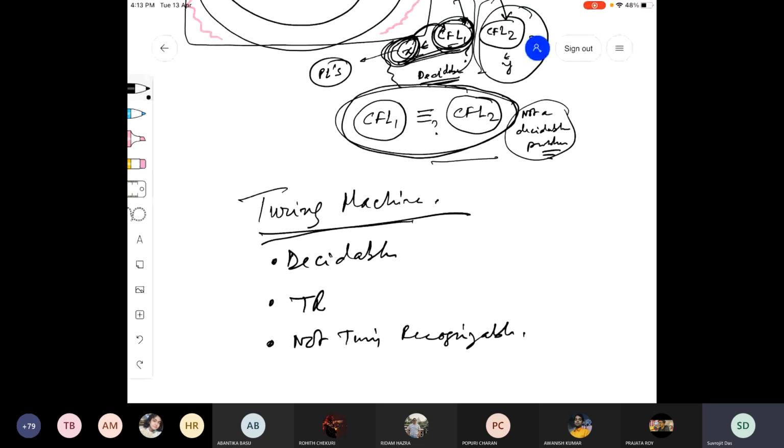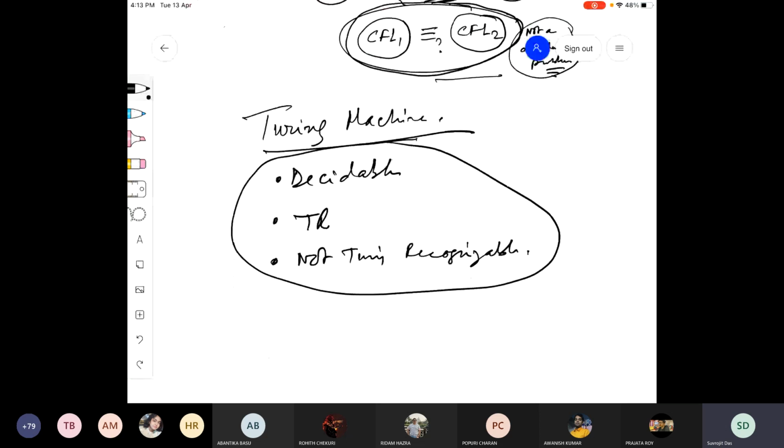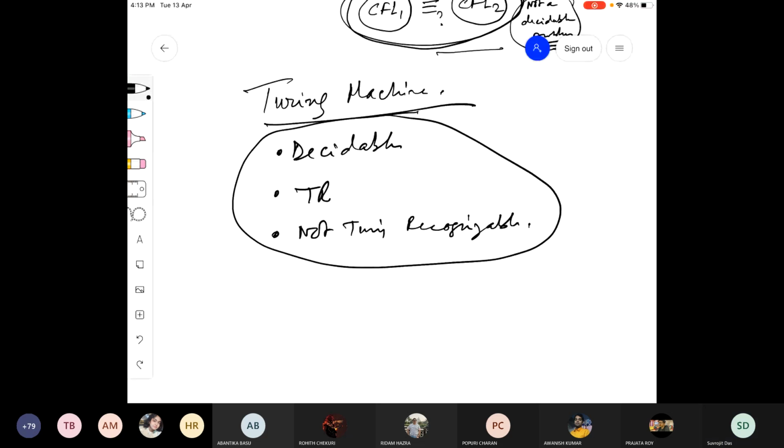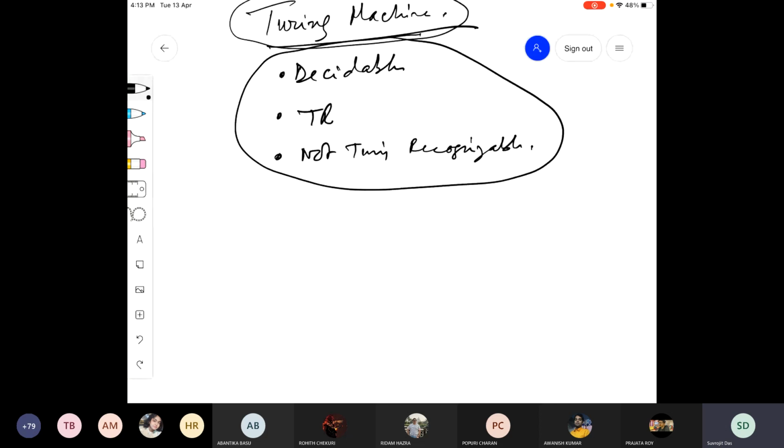So we'll define a Turing machine shortly. We'll see how it changes the machines that we had studied. For example, if I say that this is not very complicated compared to the finite state machine, the main concept was it has an input tape, right?